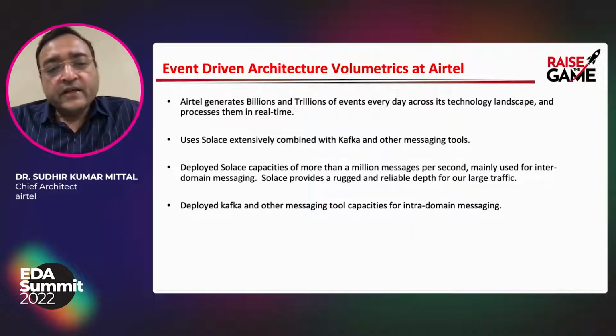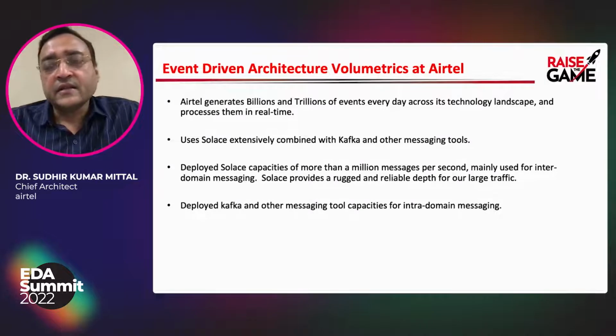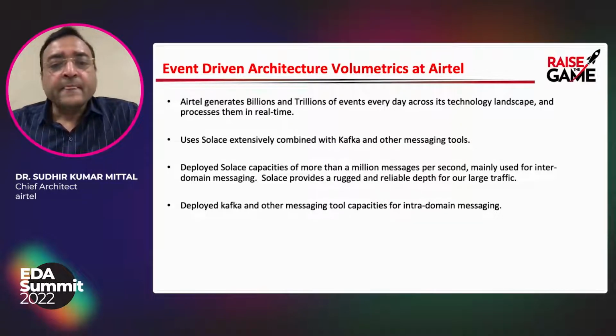We have also deployed Kafka and other messaging tool capacities for intra-domain messaging, where our developers get a completely free hand in creating microservices-based architecture and use Kafka and other options there.